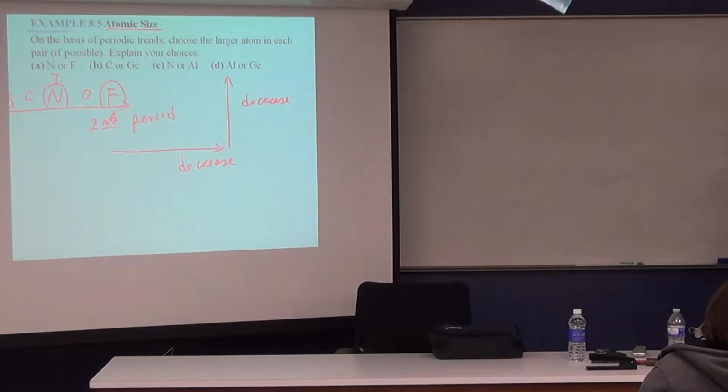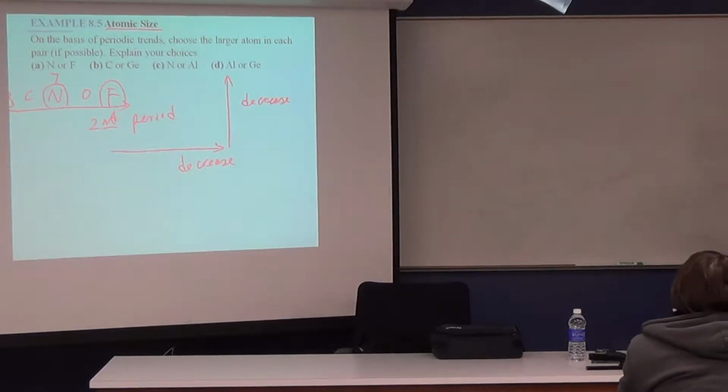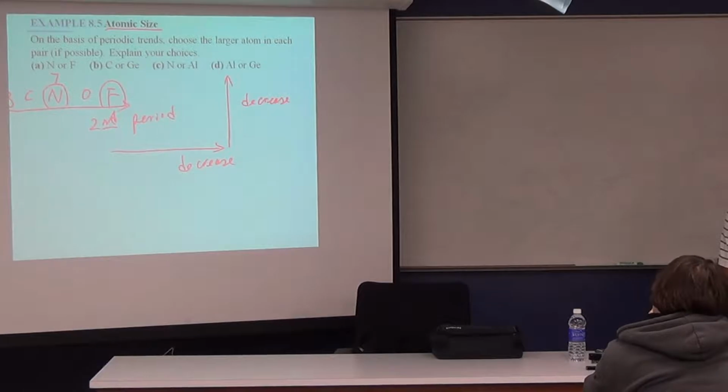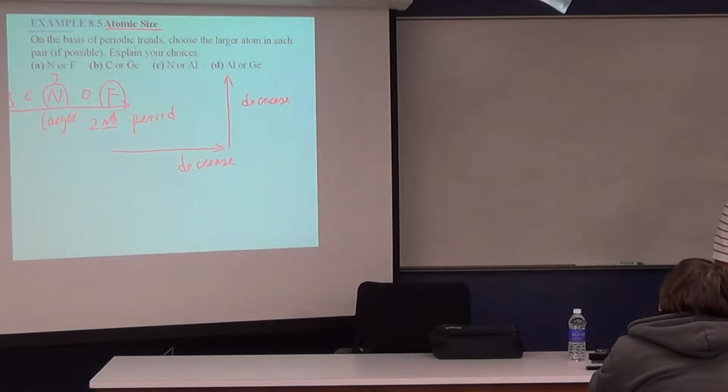For atoms in the same row, or the same period, those on the left side are bigger. So N is the larger one compared with fluorine. Very simple. So you circle nitrogen as the bigger one.